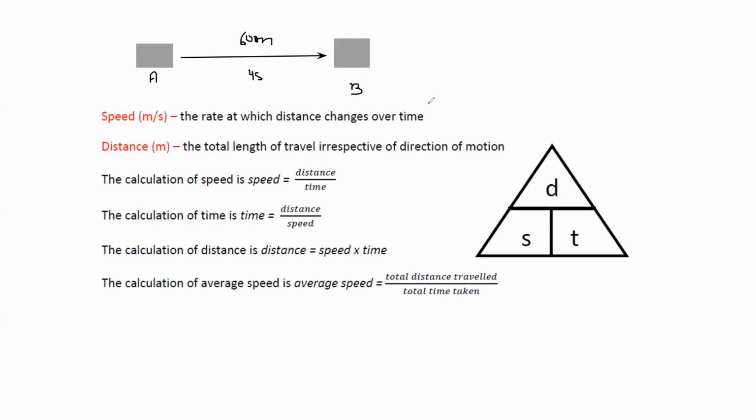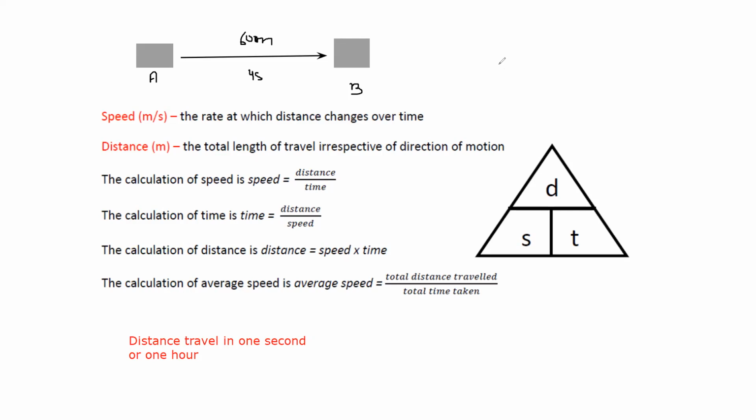So what is the meaning of speed? The simple meaning of speed is the distance traveled in a unit time, in 1 second or 1 hour. How much distance an object travels in 1 second, or in 1 hour, that simply refers to speed.